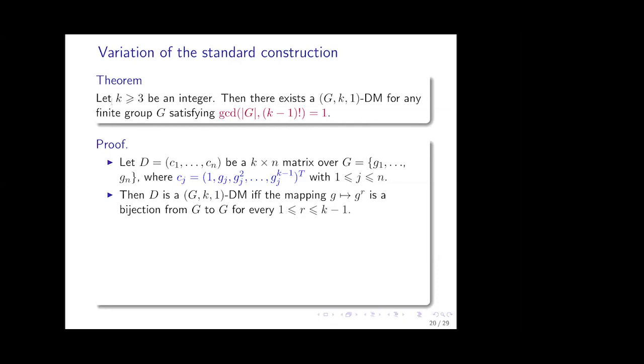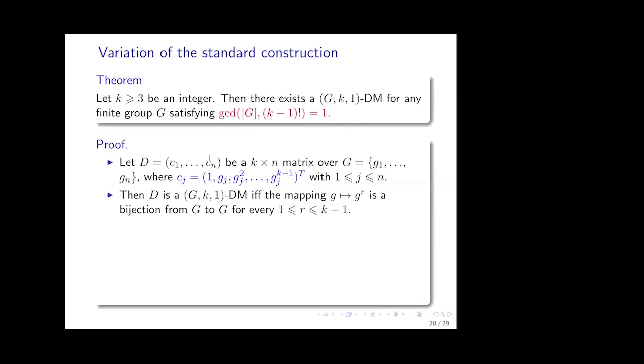This theorem says: let K be an integer. Then there exists a GK1 difference matrix for any finite group G satisfying that the size of G is co-prime to (K minus 1) factorial.